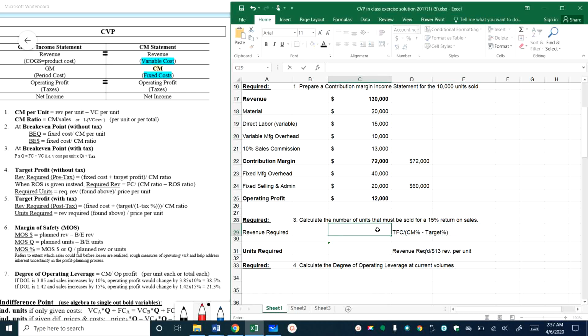So that will equal just your total fixed costs, which are 60,000, divided by your contribution margin ratio, which would be that 72,000 divided by that 130,000, minus your return on sales ratio, which they give you as 15%, so that's 0.15.